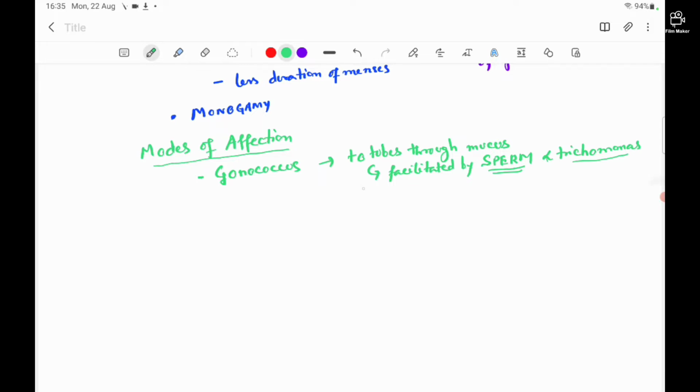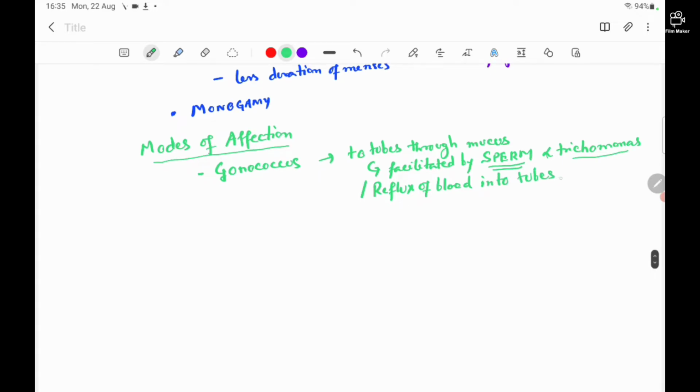Apart from this, reflux of blood into the tubes with gonococci. Reflux of blood may happen in many instances, and if that blood is infected with gonococci, it can reach the tubes.